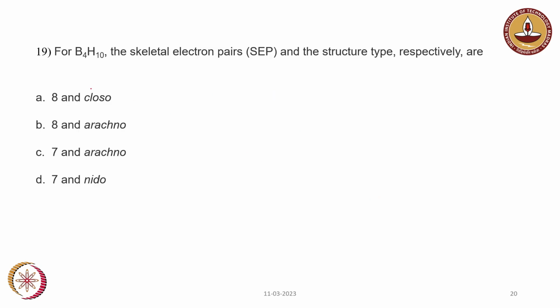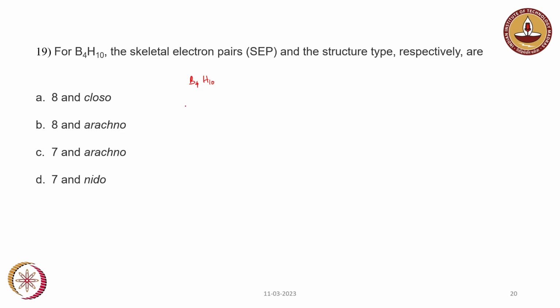Next question is for B4H10. The skeletal electron pairs, that is SEP, and the structure type respectively are option A 8 and closo, B 8 and arachno, option C 7 and arachno, option D 7 and nido. We have to apply Wade's rule here. We are given B4H10.